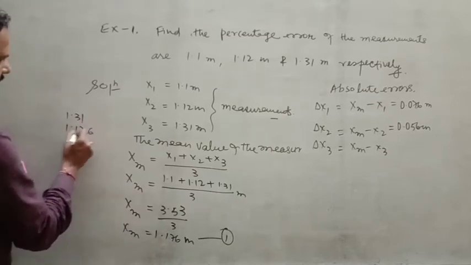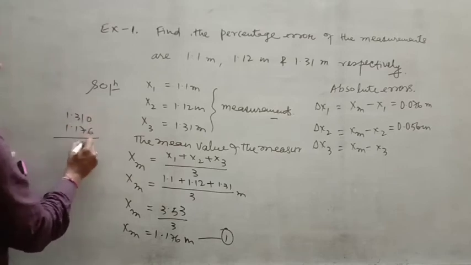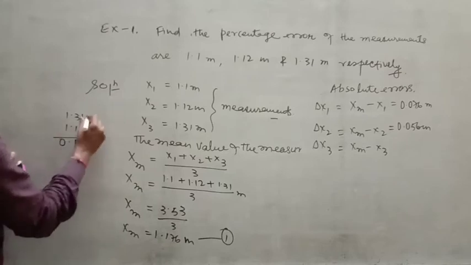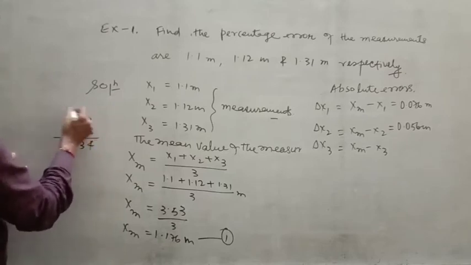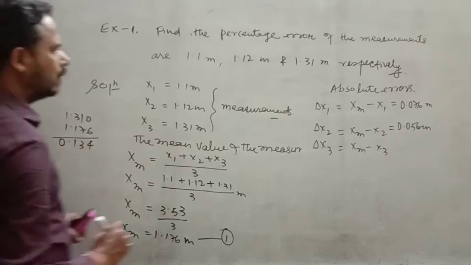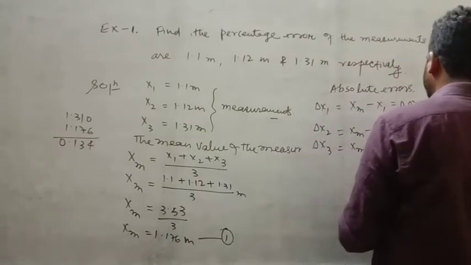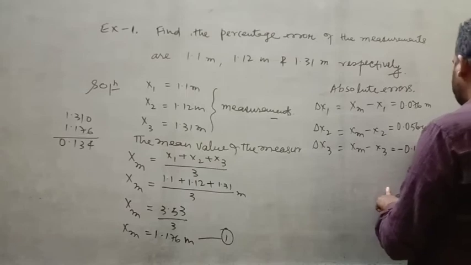So how much will it be? You get 0.134. This one is with a negative sign, so it is 0.134 meter, negative.